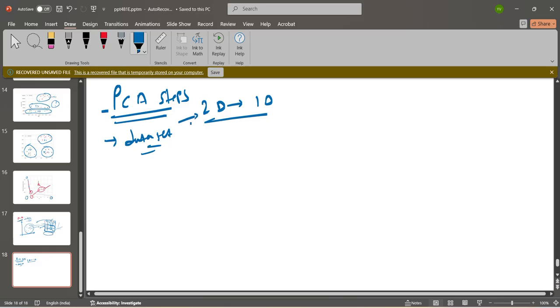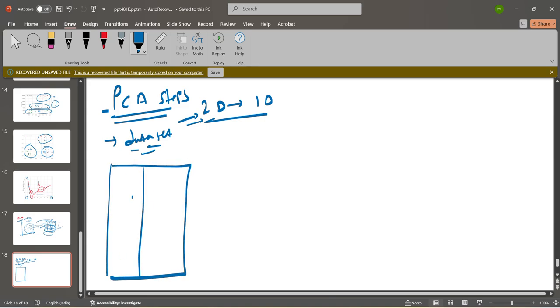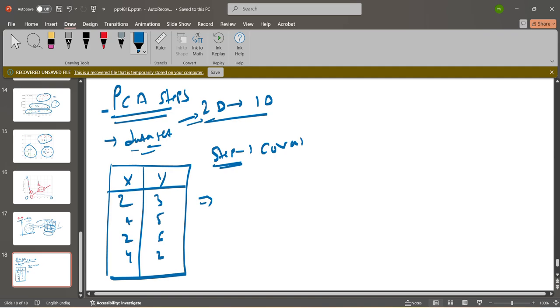The same procedure has to happen from 3D to 2D also. So first, the data set. Let us consider this is my data set, X and Y. Some points are there: 2, 3, 4, 5, 2, 6, 4, 2. Step 1 is the covariance matrix.